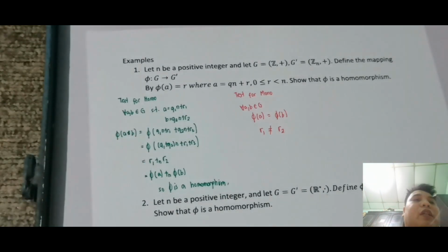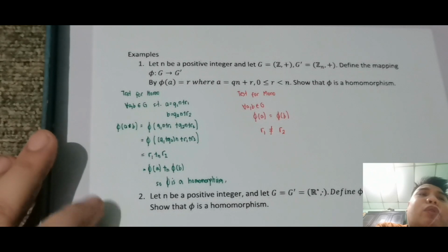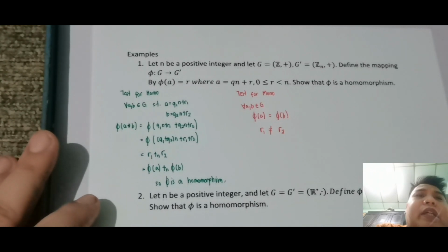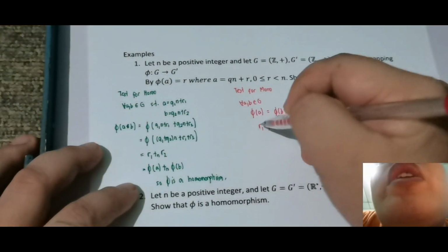Ano bang ibig sabihin ni Sir Jan? For example, lagi ba equal to? Pag yung P of A is equal to P of B, meaning equal sila ng remainder, pero mag-equal ba sila sa A? So again, ulit ko, burahin ko to.